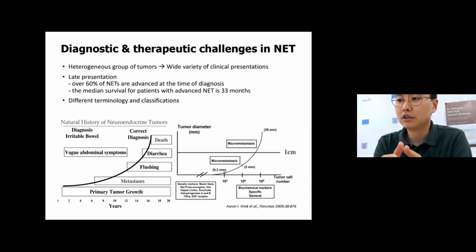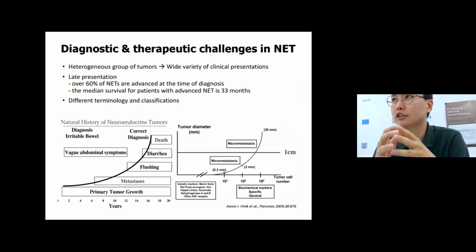As I mentioned earlier, these neuroendocrine tumors have some characteristics which make them hard to diagnose or treat. It is a heterogeneous group of tumors like carcinoid, pheochromocytoma, and the well-known pancreatic neuroendocrine tumors or others. So it has a wide variety of clinical presentations, and also a late presentation.